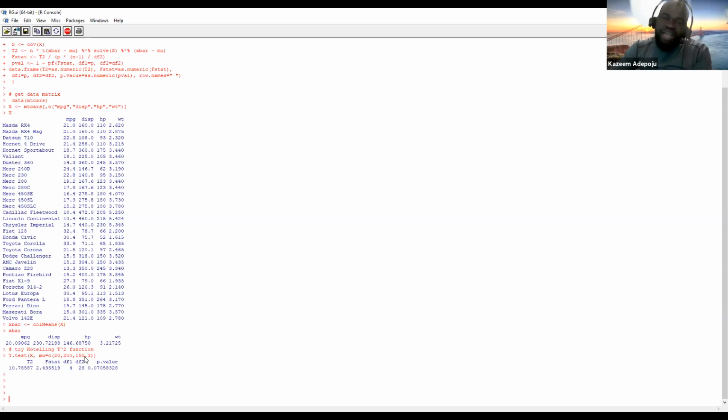We always have values to test. So let me tell you something. What these values mean in the context of what I just explained is that it is known that the true mean value of MPG is 20, and the true mean of displacement is 200, and HP is 150, and speed is 3.